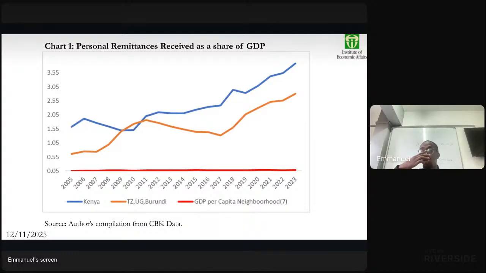Kenyans on average were more dependent on remittances, or remittances were a greater feature of the Kenyan income experience, than in Tanzania, Uganda, Burundi, and the countries in the GDP per capita neighborhood, right? That's the year 2023. And during that period since 2005, personal remittances have been increasing.